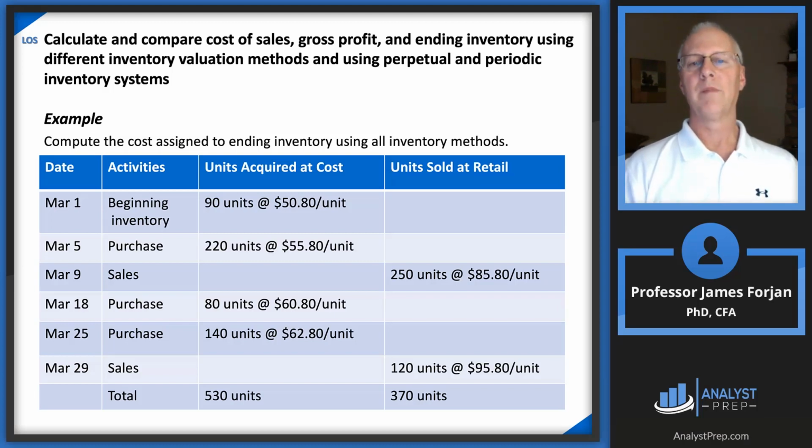And so the question then becomes, okay, let's go ahead and value these according to those important and different inventory valuation methods. And we're going to have to be concerned about whether we use the perpetual model or the periodic model. And we're going to see that sometimes they're identical and sometimes they're not. Most of the time they're not. But think of it this way.